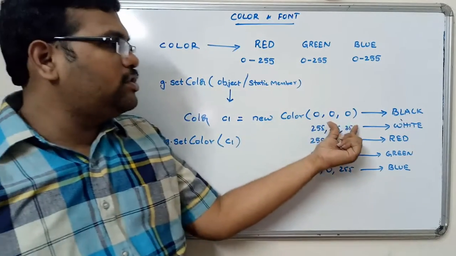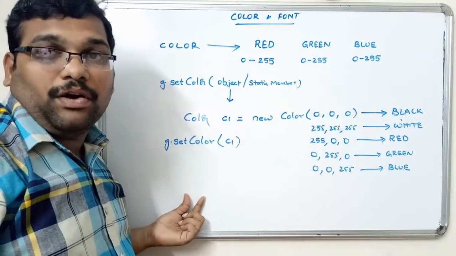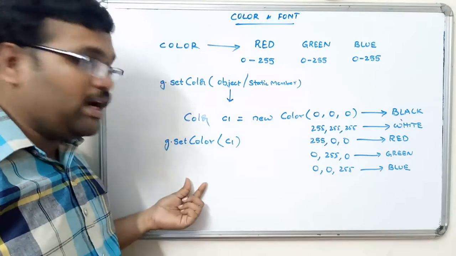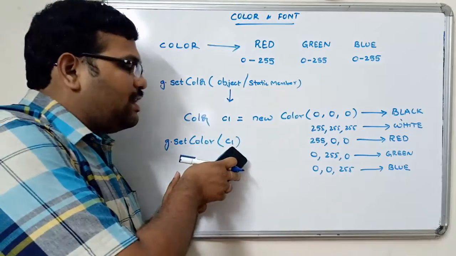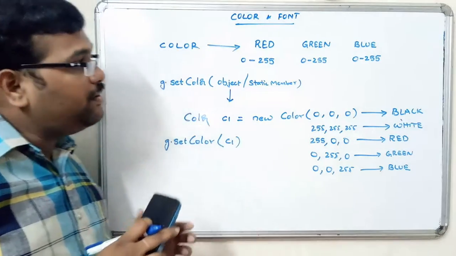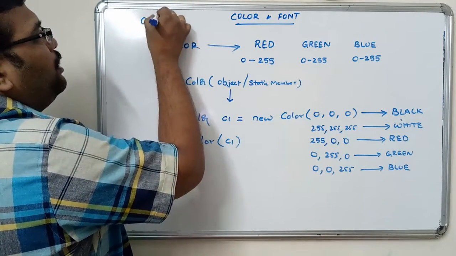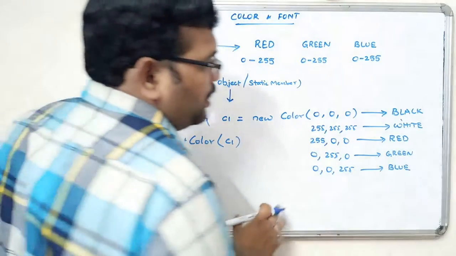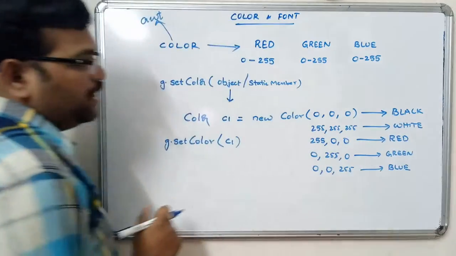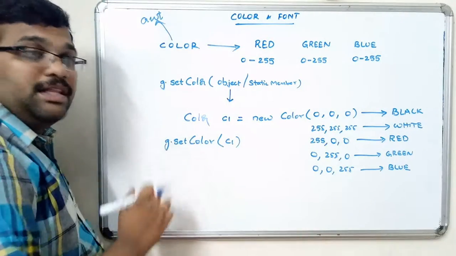If it is 0, 0, 0, black will be assigned to the following text. Whatever text we write on the applet will get this color. This color class is available in the AWT package.